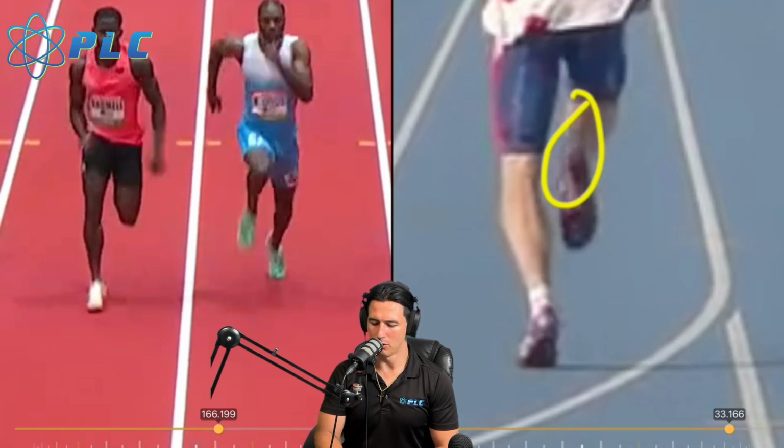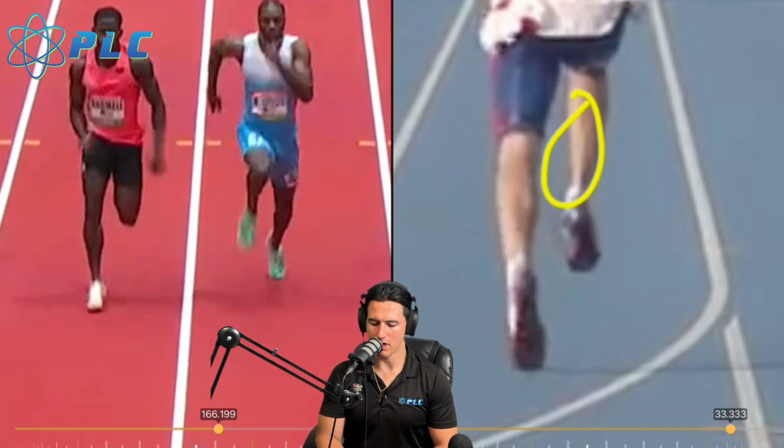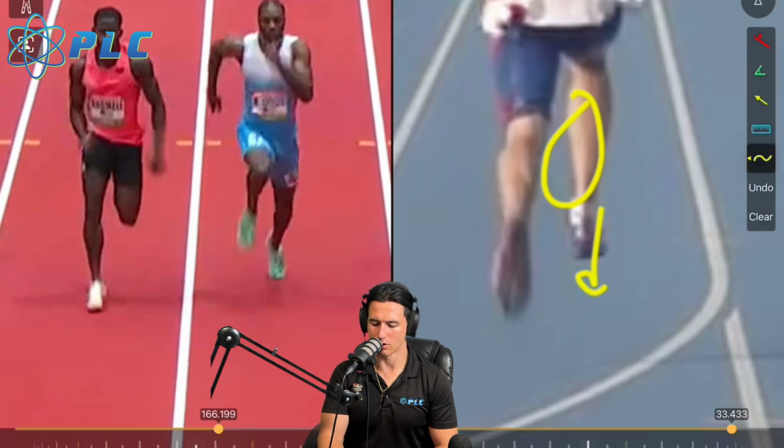What I see a lot of people do is they'll disconnect their heel as they're coming through, which then makes it so your foot is going to be striking straight down into the ground, creating more of just a straight vertical force, or potentially even more of a braking force as it's striking the ground, as opposed to if we maintain that heel higher up and closer to the hamstring.